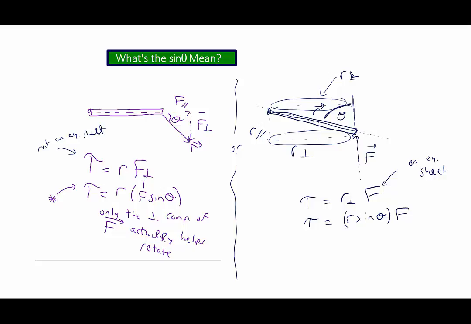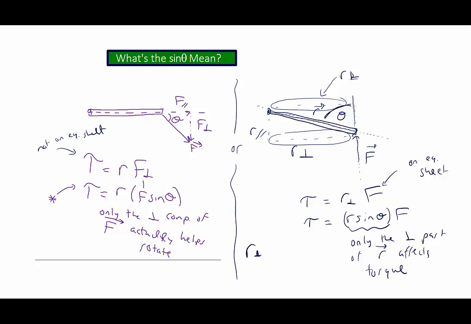So when I look at this, I just want to point out that it's only the perpendicular part of the radius that affects the torque. And we have a fancy name for R perpendicular.